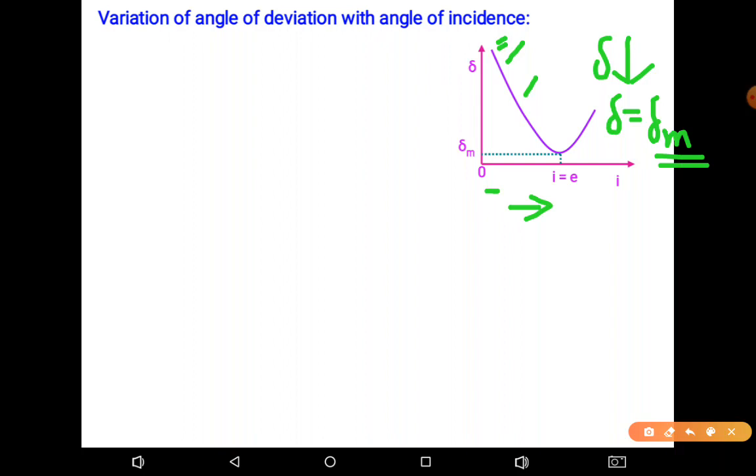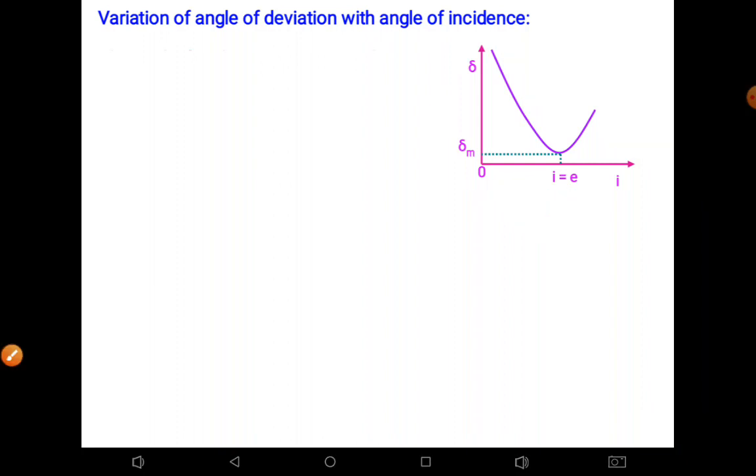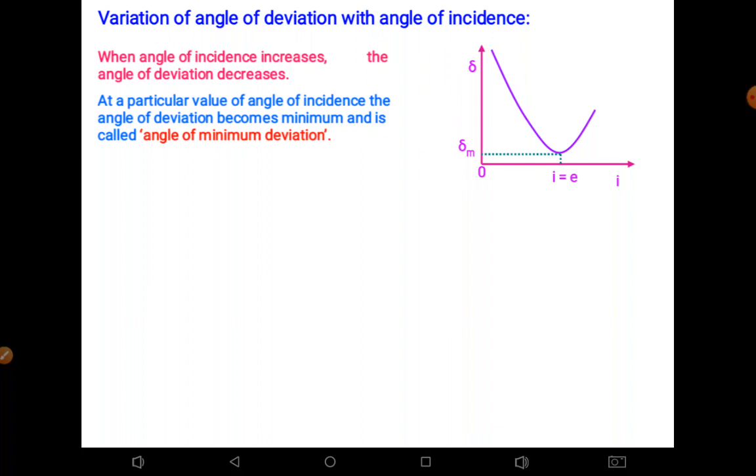When minimum deviation is produced through the prism, at that particular situation the angle of incidence equals the angle of emergence. So when the angle of incidence increases, the angle of deviation decreases. At a particular value of angle of incidence, the angle of deviation becomes minimum and is called the angle of minimum deviation.